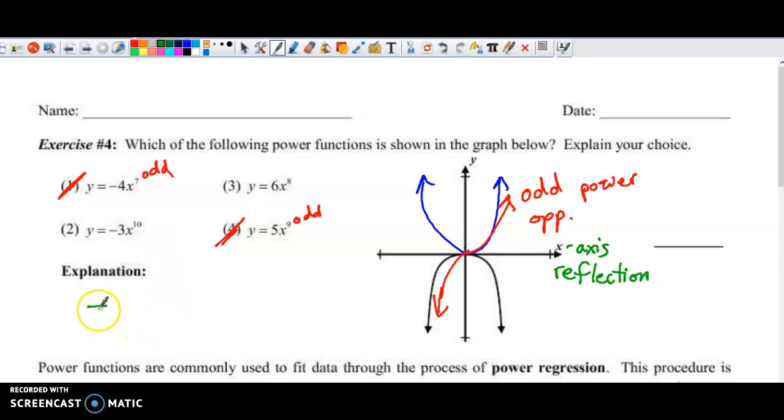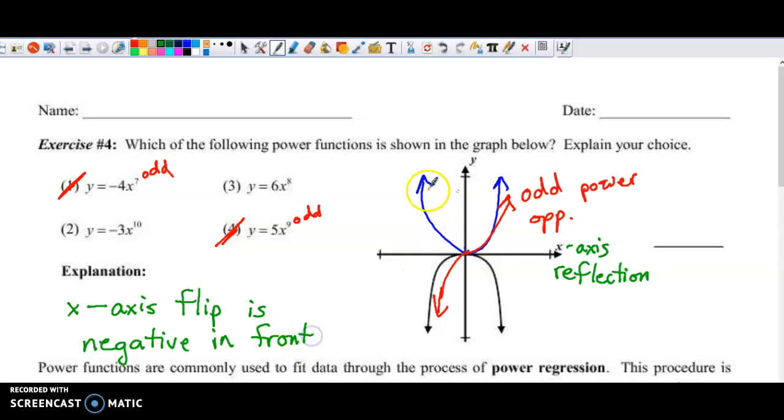So I don't know how exactly you'd want to write it down, but in order to have an x-axis reflection, or some of you might call it a flip, is to put a negative in front. So that would take that blue curve and flip it upside down with an even power. So that's why option 2 is the correct answer.